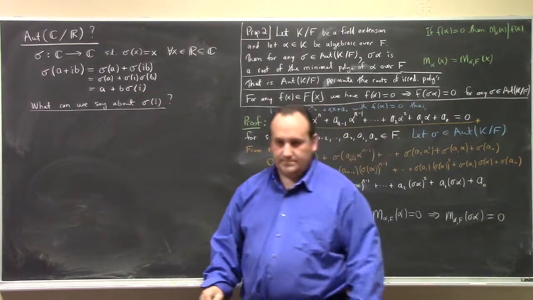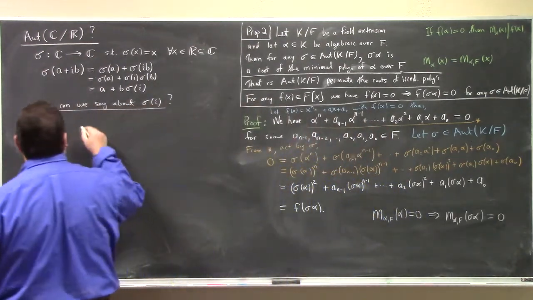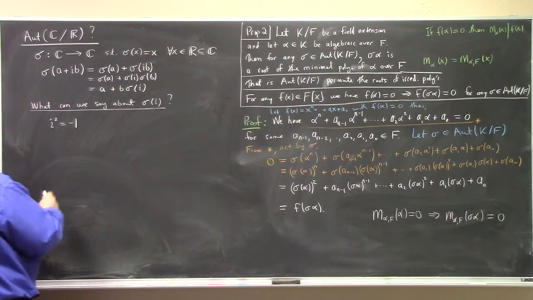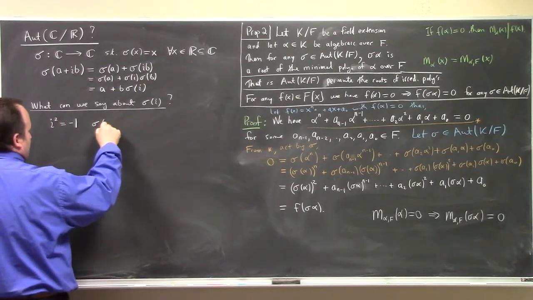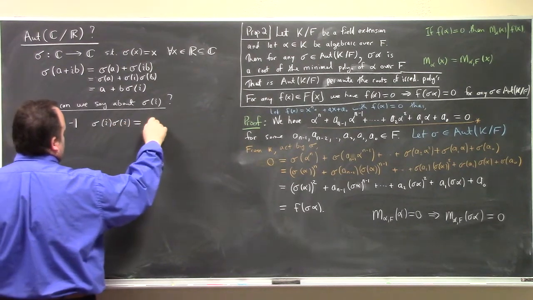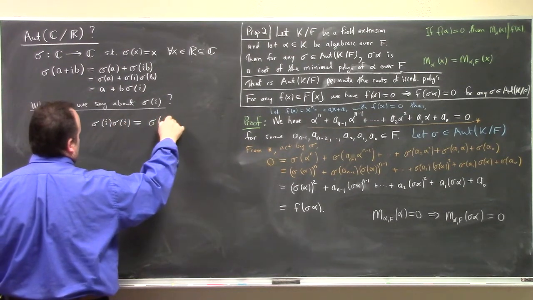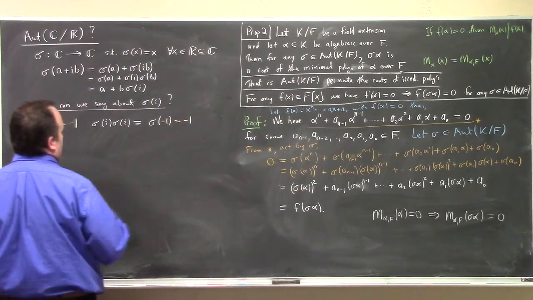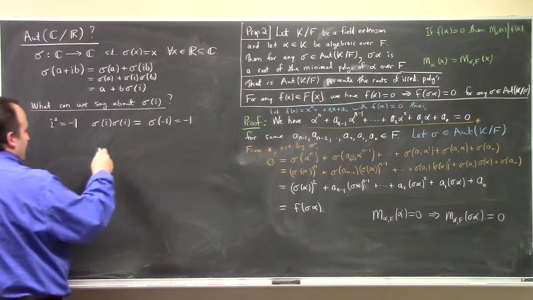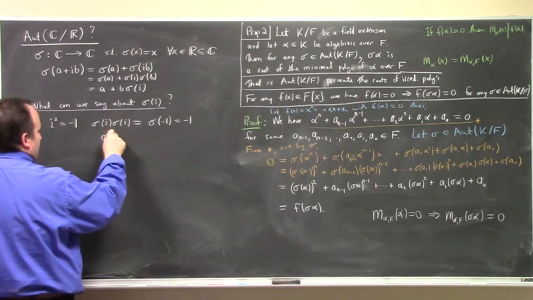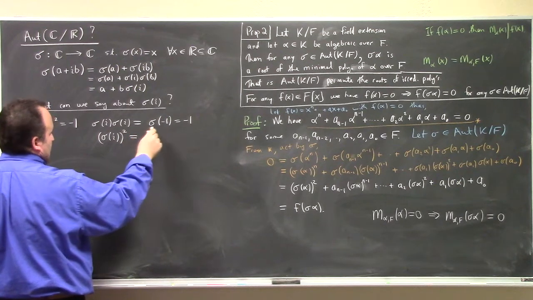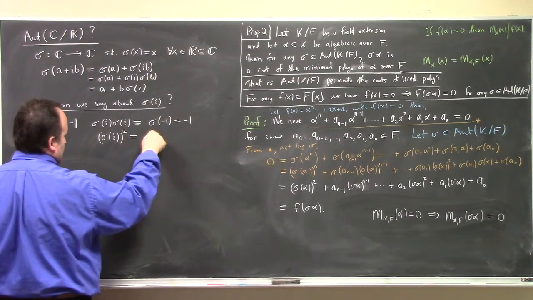Yes, i squared is a real number. i squared is -1, very good. And so that means sigma of i squared is sigma of -1, which is -1. So in other words, we have sigma of i quantity squared is equal to -1.